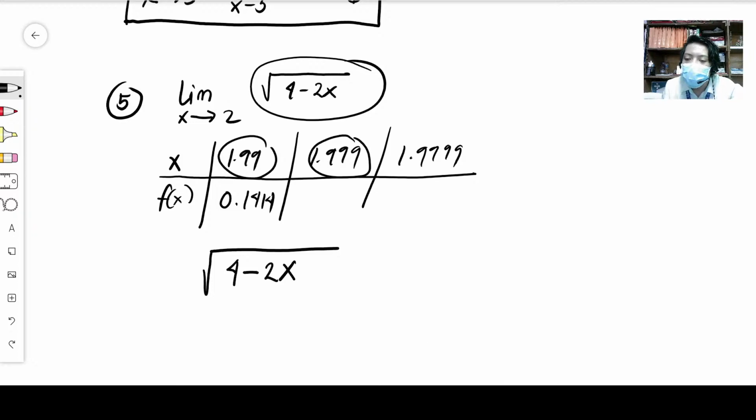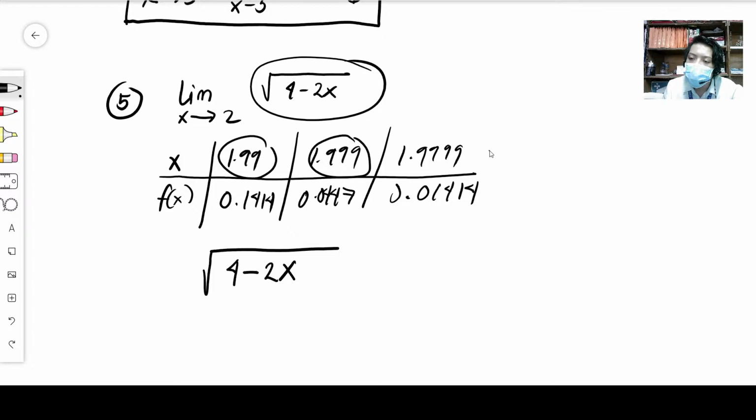When x is 1.999, it is 0.04472. When x is 1.9999, it is 0.01414.